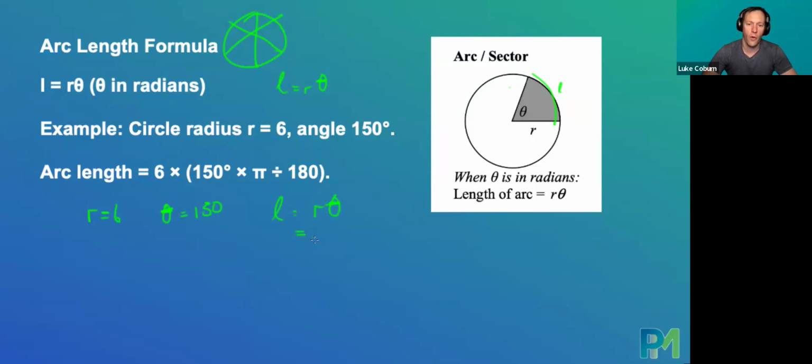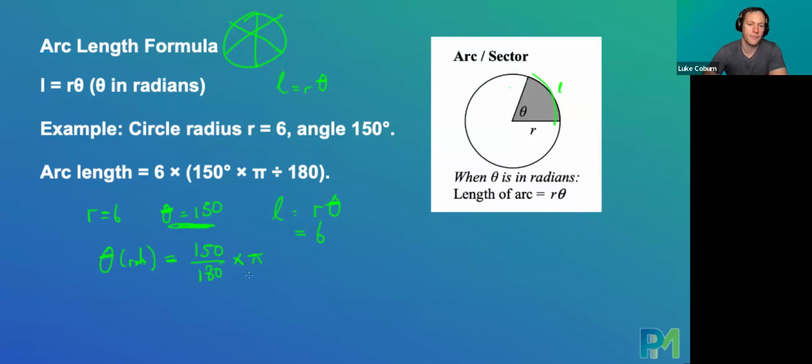So I'm going to say r times, what was it, 6 times, and I'm almost about to make a mistake, but I can't use degrees, so I have to convert. Theta in radians is equal to the angle divided by 180, then multiplied by pi.